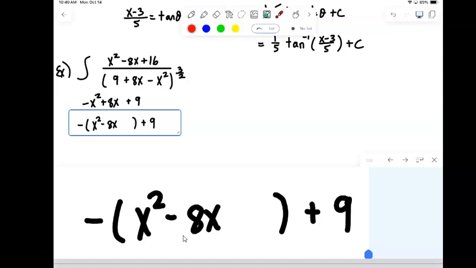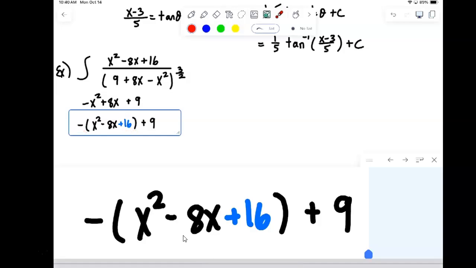Take half of the minus 8x, that gives me a negative 4. Negative 4 squared would be 16. So to complete the square here, I need to add 16. But what I really did is I really added a negative 16, because of the negative sign out front.